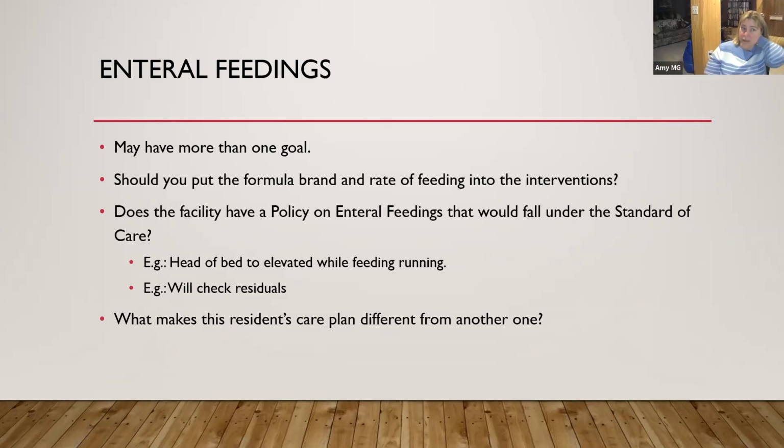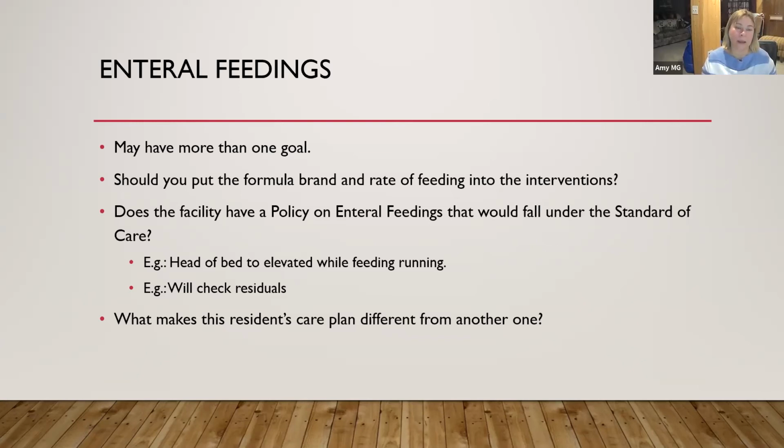So your enteral feedings could have more than one goal. Should you put the formula brand and rate of feeding into the interventions? I don't know. How much time do you have, if that feeding changes, to go back in and change it? I don't know. It's kind of, what does your facility want again?